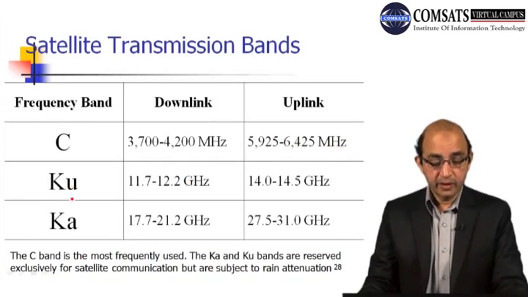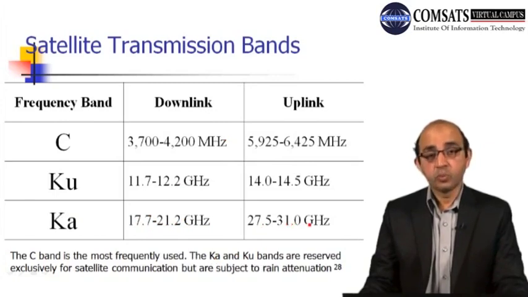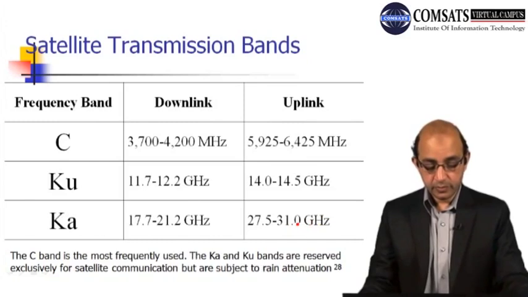For Ku band we have 11.7 to 12.2 gigahertz for downlink, and for uplink we have allocated 14.0 to 14.5 gigahertz. For Ka band, 17.7 to 21.2 gigahertz for downlink, and for uplink we will be using 27.5 to 31.0 gigahertz.